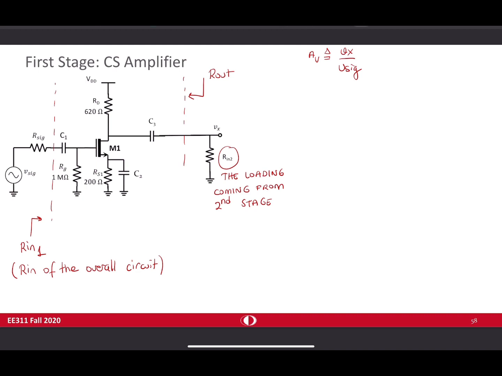So I am seeking these 3 important parameters. What you can do is, of course, you can draw the small signal model. So you can use hybrid pi model, and you can draw the equivalent circuit like this, which is okay. And don't forget to name the nodes.